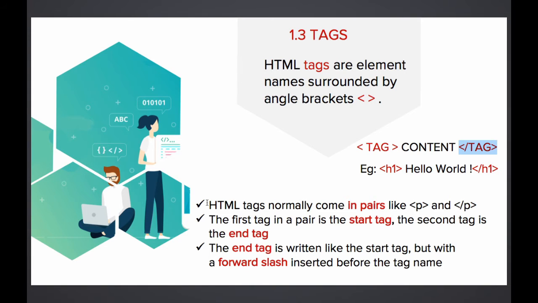The HTML tags normally come in pairs like open paragraph, close paragraph. The first tag in the pair is known as start tag and the second tag in the pair is known as end tag. The end tag is written same like the start tag but with a forward slash.